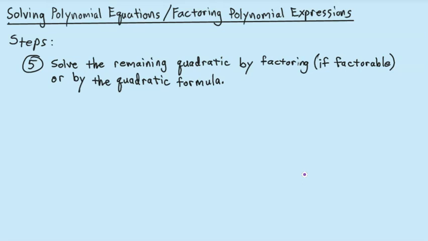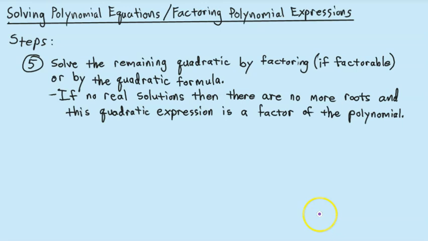And remember, the quadratic formula is x equals negative b plus or minus the square root of b squared minus 4ac, all over 2 times a. Now, there are 2 possibilities if you use the quadratic formula.